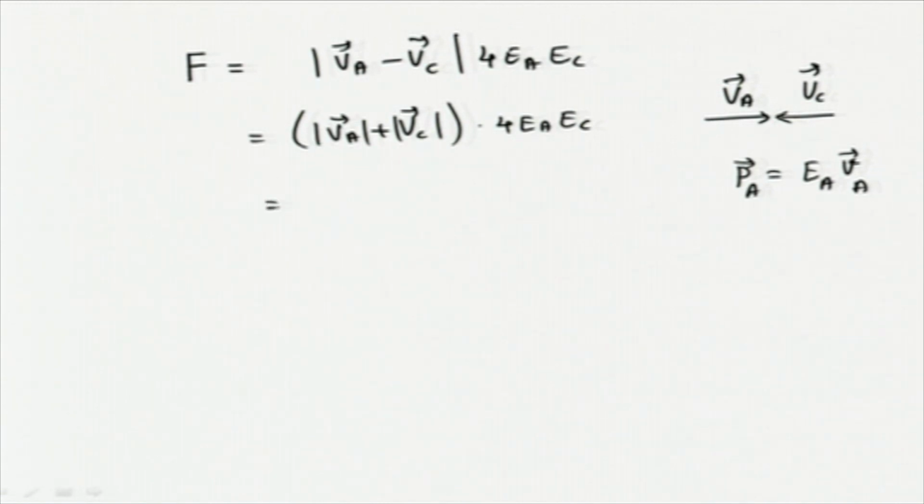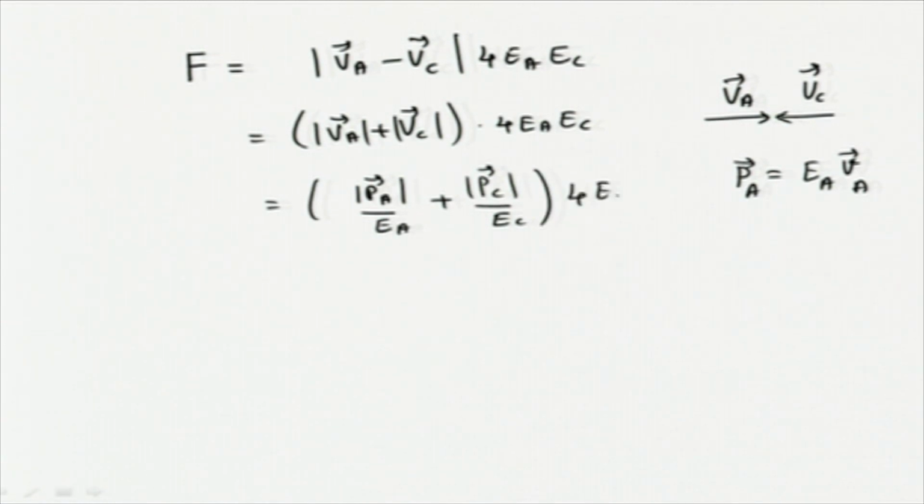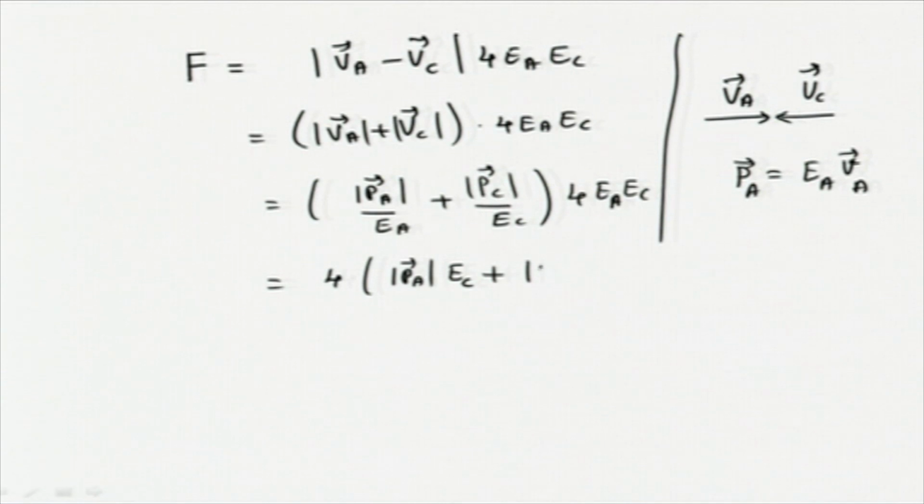So, in that case I will be able to write this as p_A over E_A plus p_C over E_C, for E_A E_C, which is equal to 4 times (p_A E_C + p_C E_A).